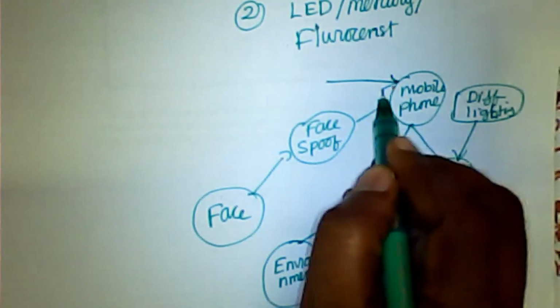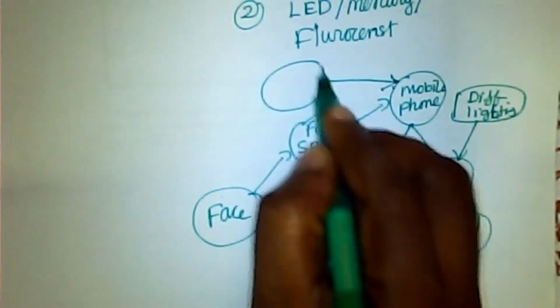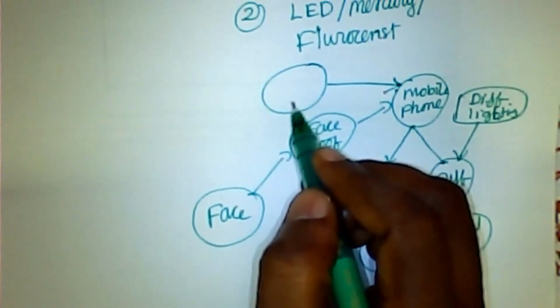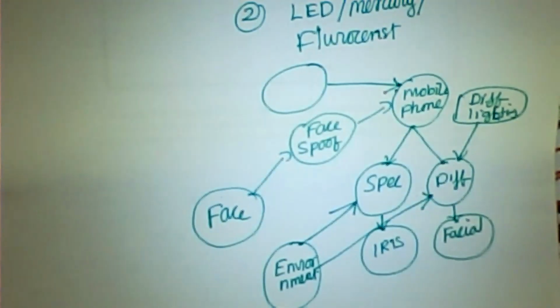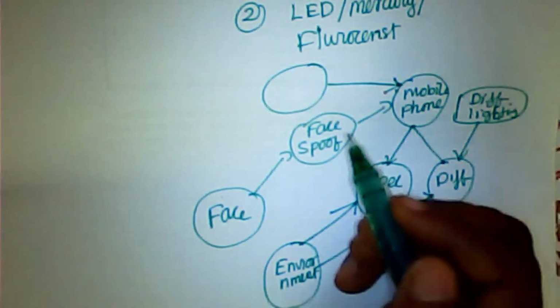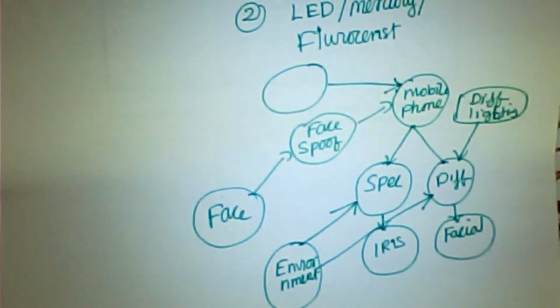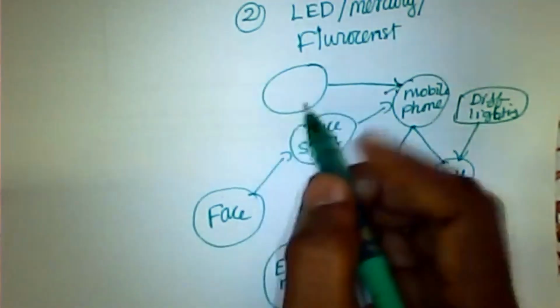If I use my front end camera, the megapixel for the front end camera and your back end camera changes. That is a very important thing you have to understand here. So I'm just going to put one more question.